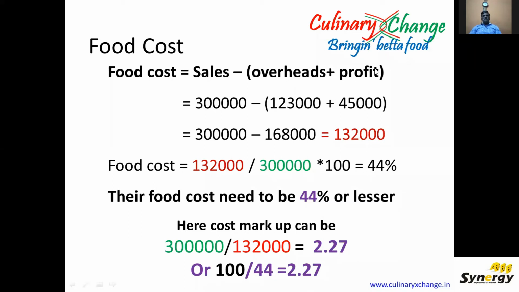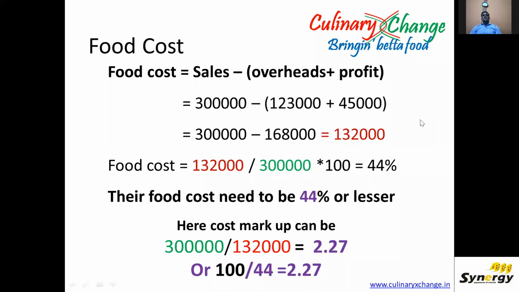Everybody will have a different food cost percentage based on the size of their business, the locality they are in, the number of people they are employing, the number of outlets they have, and what they spend for this whole business. So if your overheads are high, your food cost is also high.